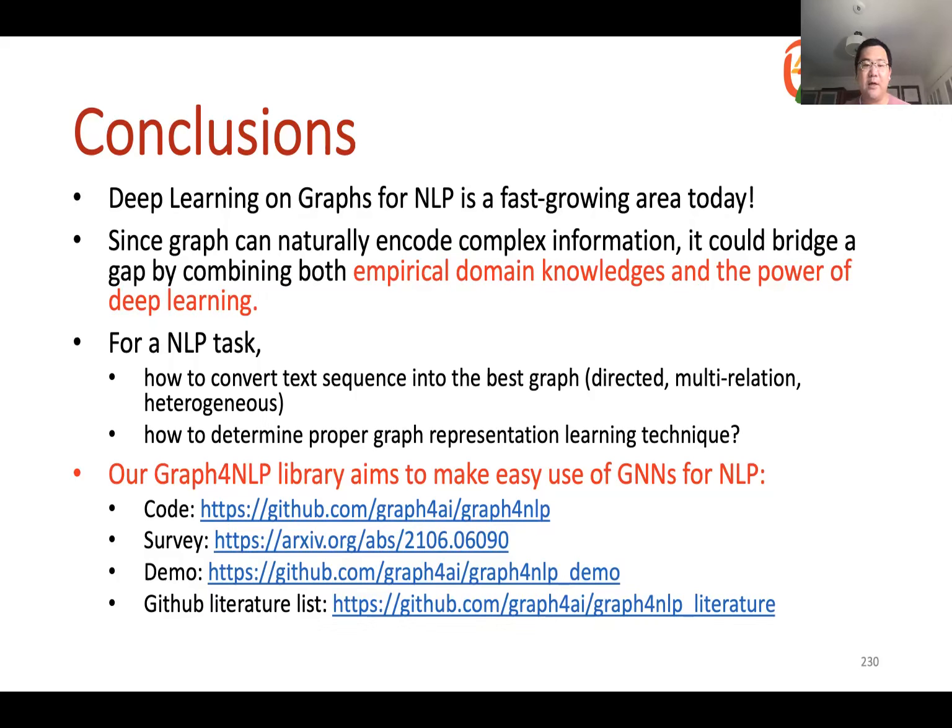We have surveyed more than 500 papers from top AI, machine learning and NLP conferences in the past 5 years, in order to give a very comprehensive survey on graph neural nets for NLP. We also provide demo code. We also have a GitHub literature list for people to check out, so that you can get more familiar with this area. And that's all for our graph for NLP tutorial.